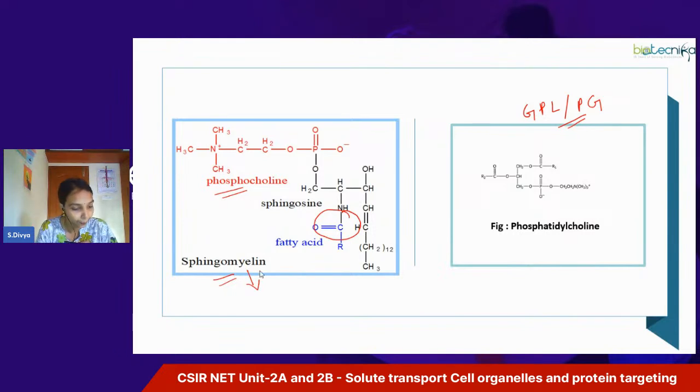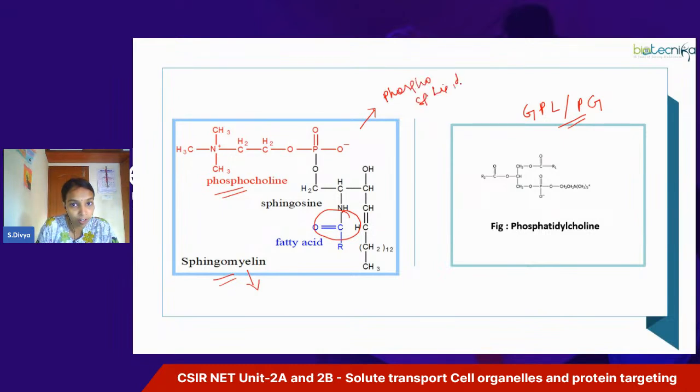Can anyone tell, does this belong to phosphosphingolipid or glycosphingolipid? You're correct, Anusha. Yes, absolutely correct, Surendra. So this belongs to which category? We call it phosphosphingolipid.